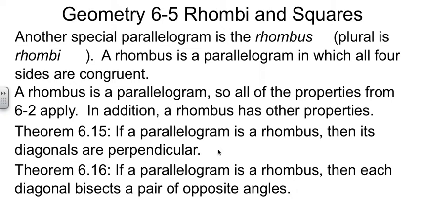Not only do the diagonals bisect each other, but they're also perpendicular to each other. And not only do they bisect each other, they also bisect the opposite angles, which is really nice to have for a rhombus.